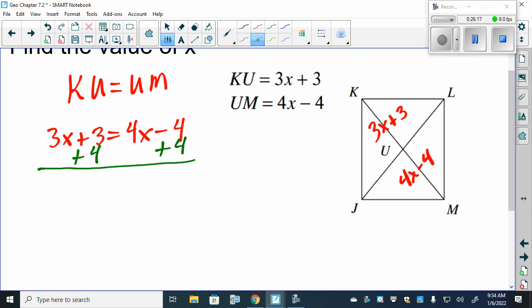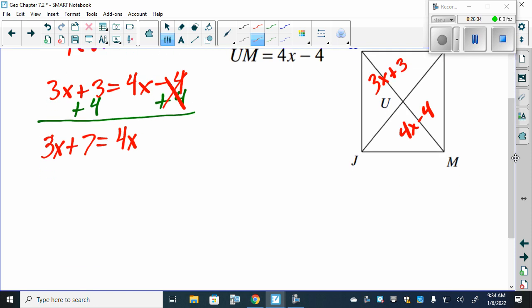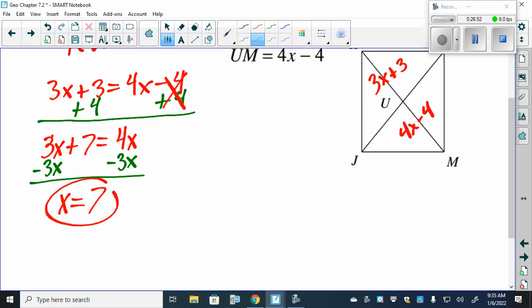And part of the reason we add 4 to both sides is, well, over here we would have 3x plus 7 is equal to, well, 4x doesn't change, but negative 4 plus 4 is 0. So it removes it from one side, but keeps the equation balanced. Then what can we do? And that tells us that x is equal to 7. And that's it.